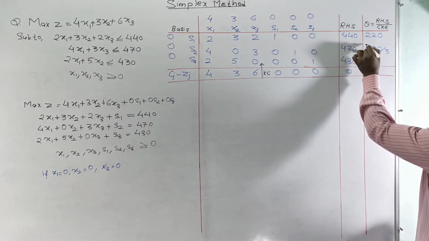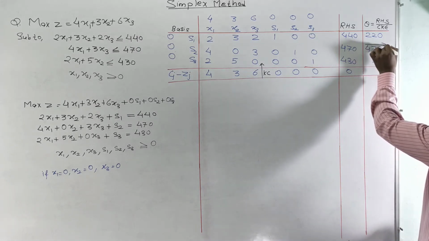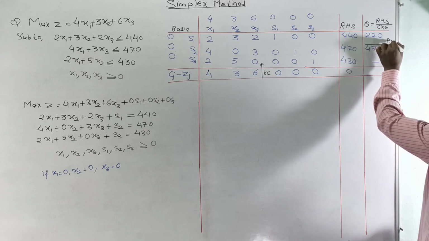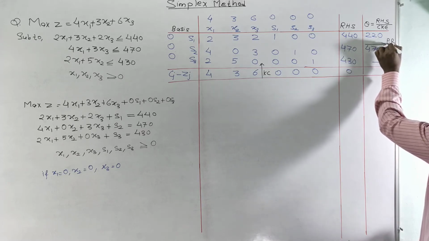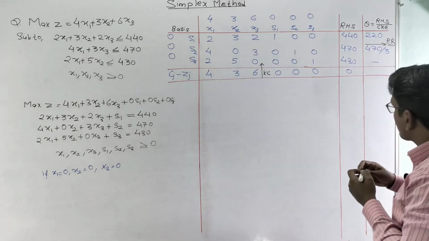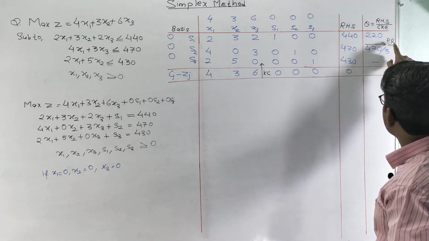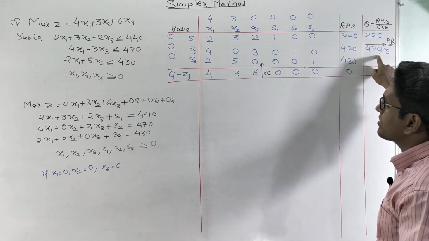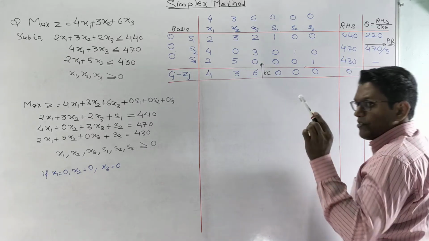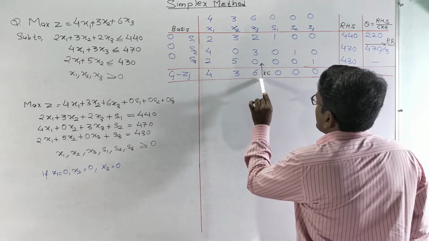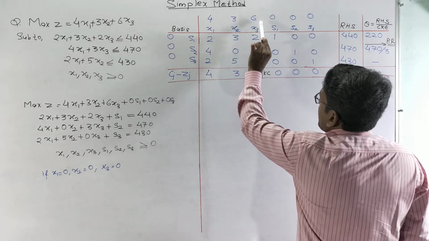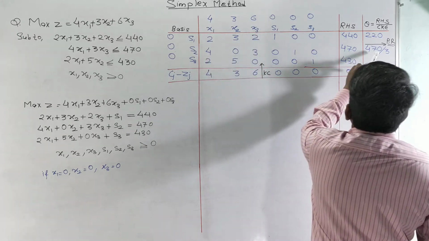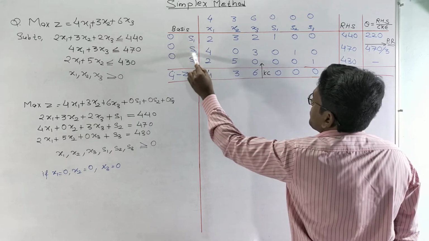So this will be our pivot row. We have already understood what pivot row is in the previous lecture. The pivot row shows which variable will leave the basis column.